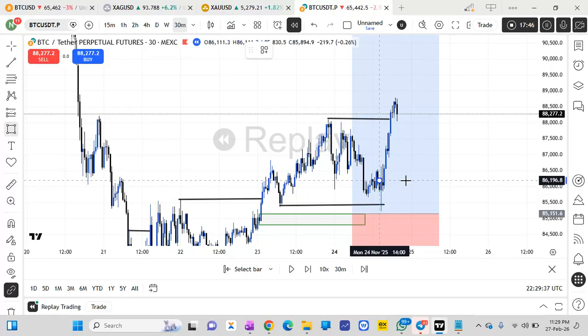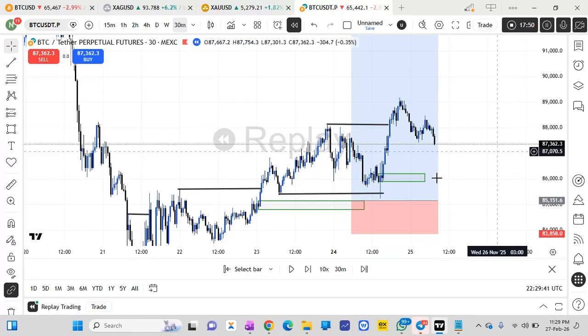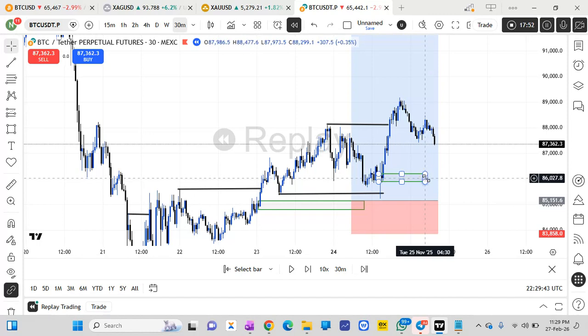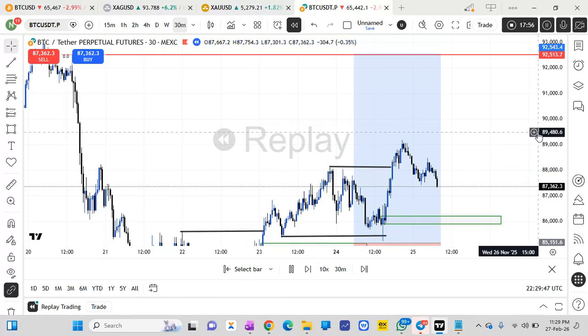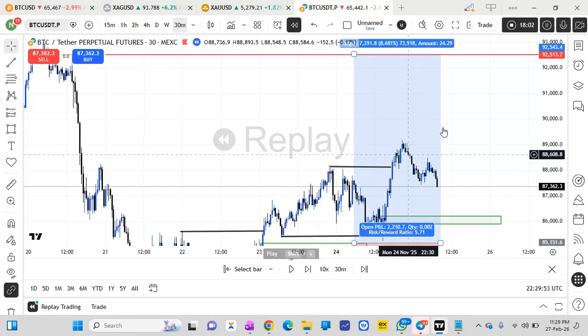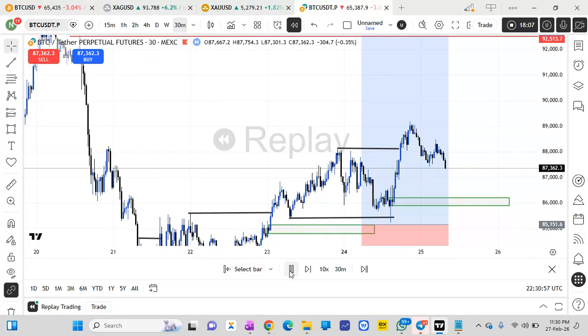If price starts coming down immediately, I can take a buy here. Take a buy here. So let's see. I don't know what's wrong with my network.